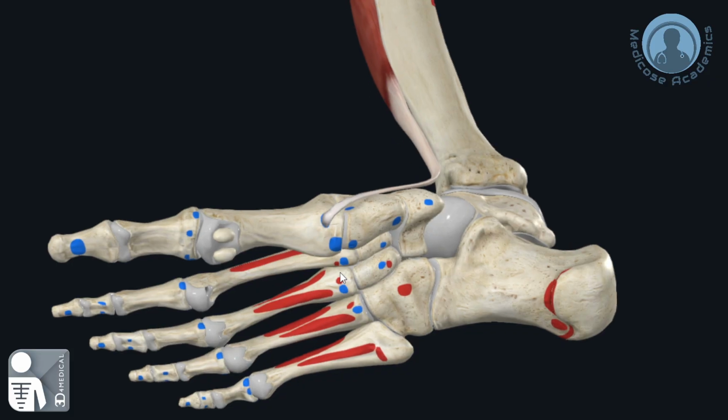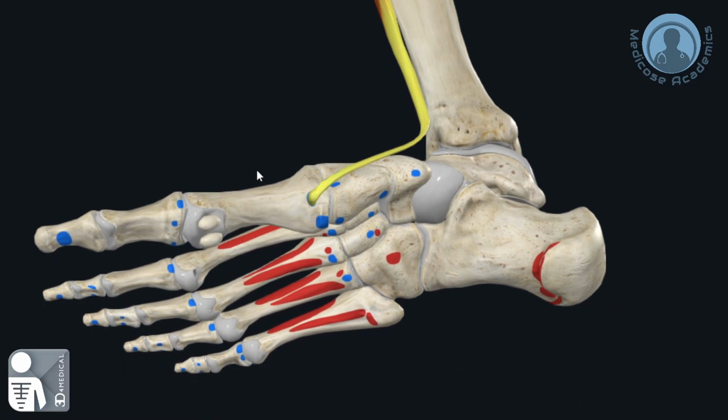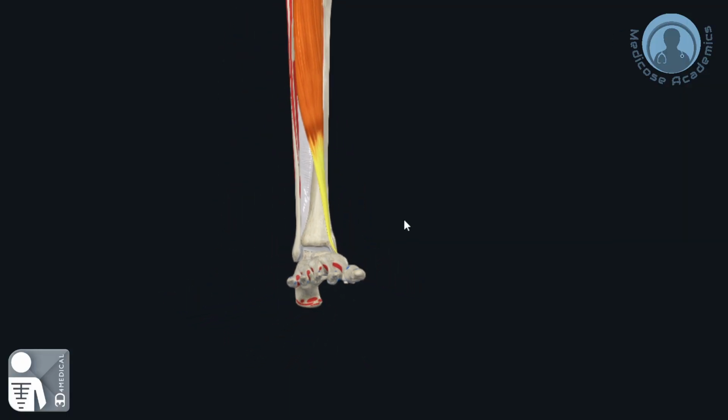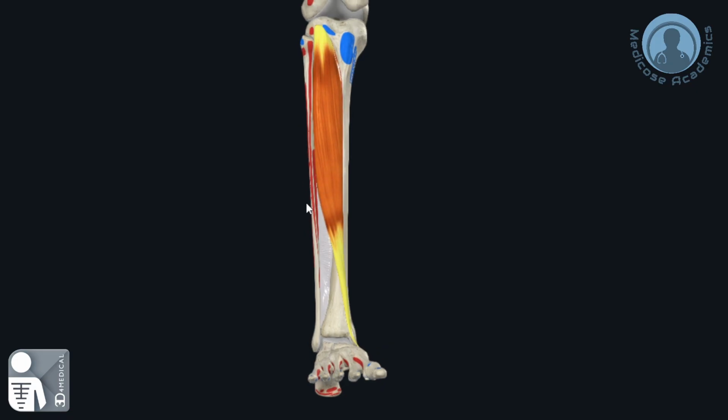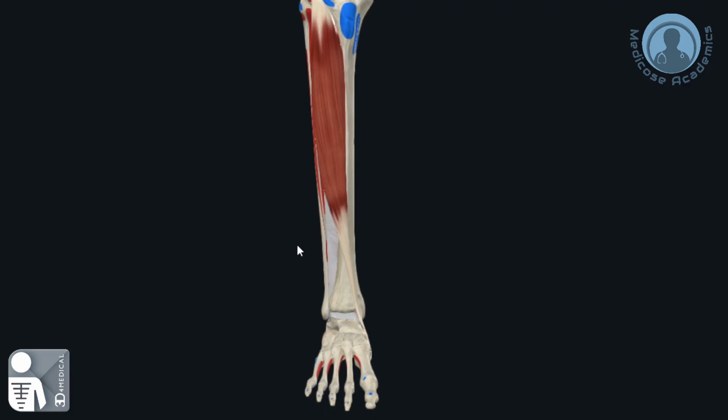Here we see that it is inserting into the medial cuneiform and the first metatarsal bone. So it is attached to the inframedial surface of the medial cuneiform and the adjoining parts of the base of the first metatarsal. So these are its origin and insertion.